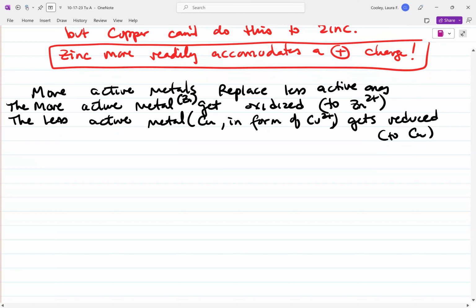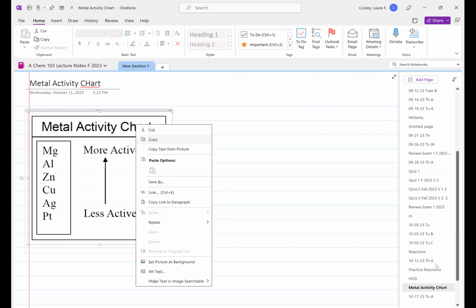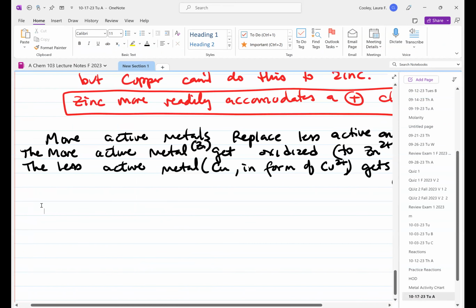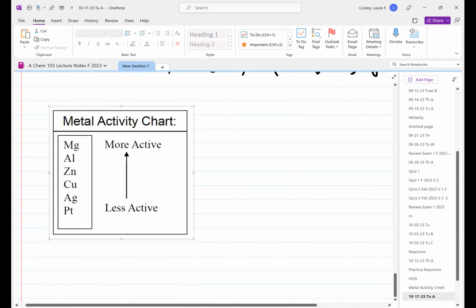Okay, so let's see, metal activity chart. Metal activities are known extremely well. And so this is just a little bit of what we know. If you take your packet for part 2, look at the solubility chart on the back of the part 2, chapter 4 packet. You'll see this in the lower right-hand corner.